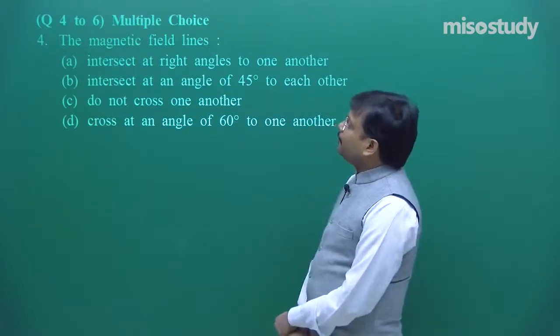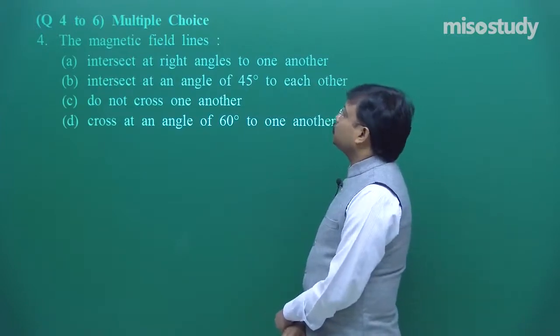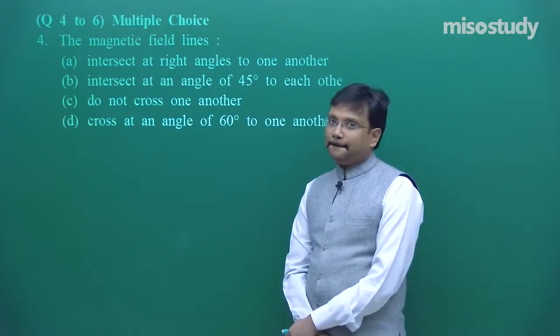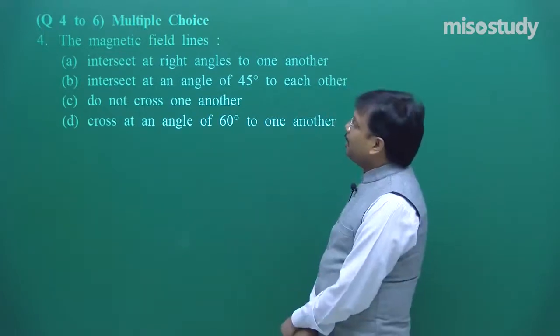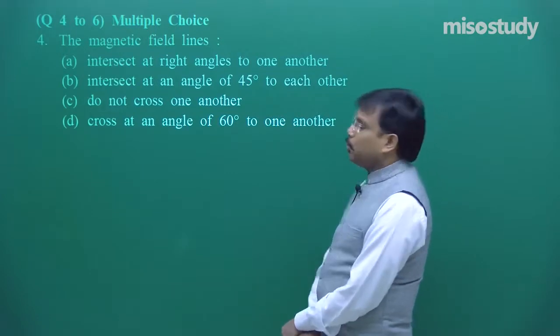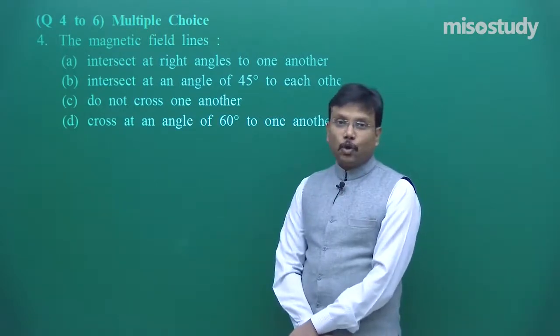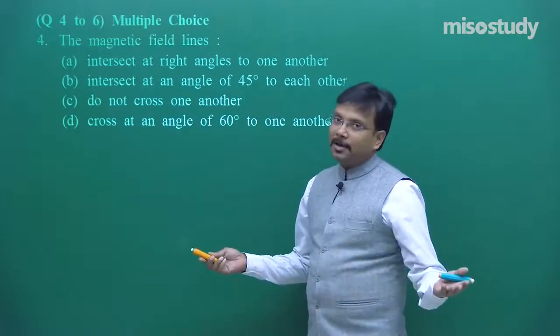The magnetic field lines intersect at right angles to one another? No, just as I explained in the previous question. Intersect at an angle of 45 degrees to each other? No. Do not cross one another. Perfect.